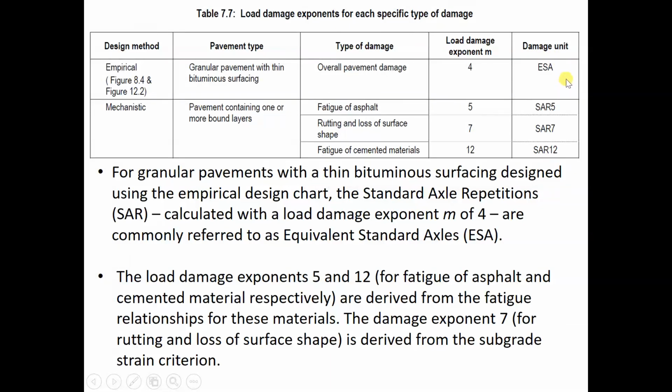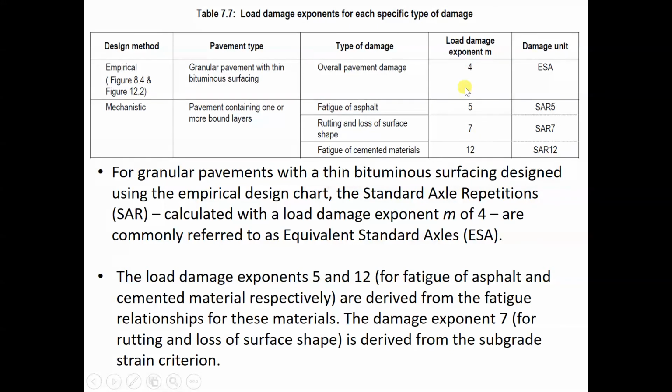You don't need to change, because the DSA from the heavy vehicle axle group for design traffic can be converted to ESA. But for the mechanistic design, for one or more bound layers, the ESA is not sufficient. You need to further convert them into SAR5, SAR7, SAR12.